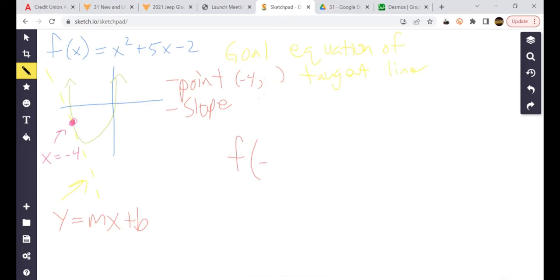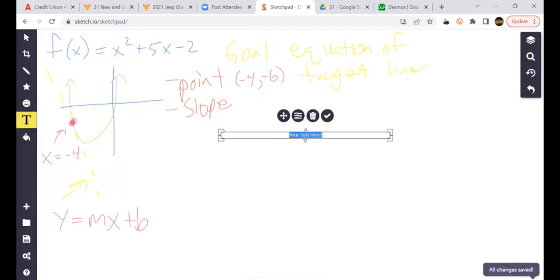So let me erase this to get some space. So we have the point. Now, all you now need is the slope, and then we can build our answer. So it is a fact that I want to jot down. The derivative of a function reveals the slopes of tangents.